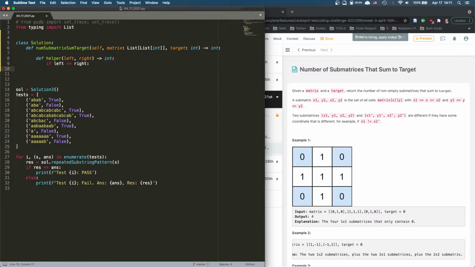We are going to, God, I just feel like it's gotta be a better way to do this. Cumulative sum. If I have cumulative sum, I know everyone, right?